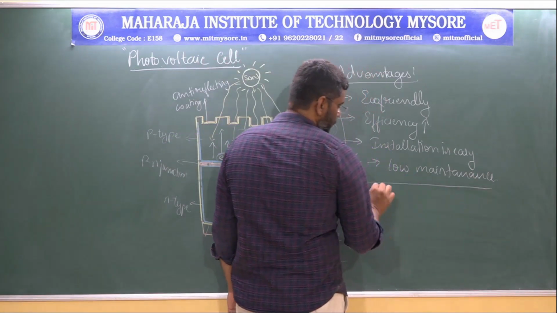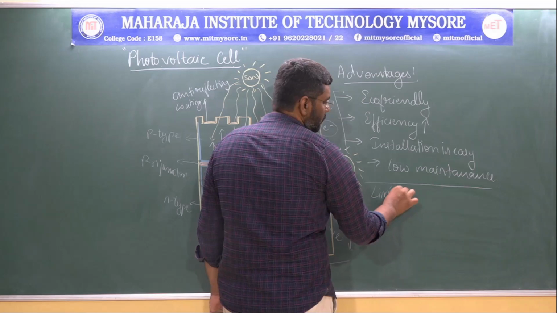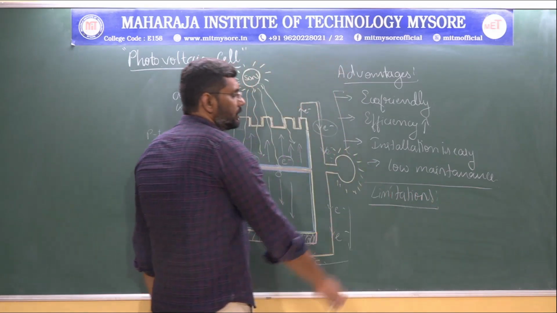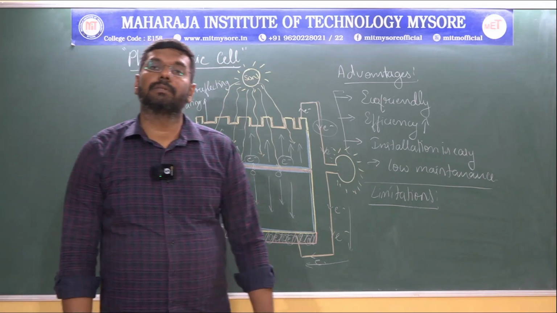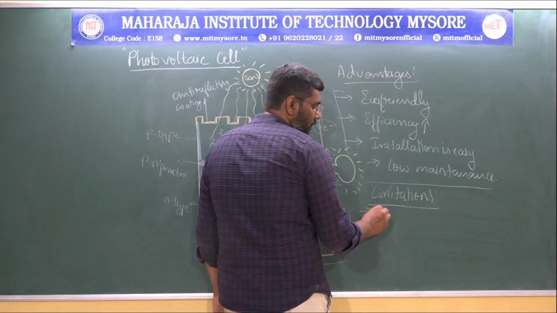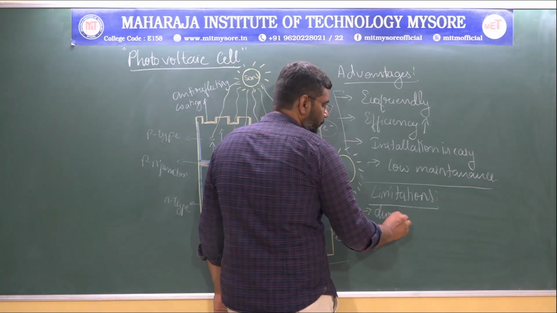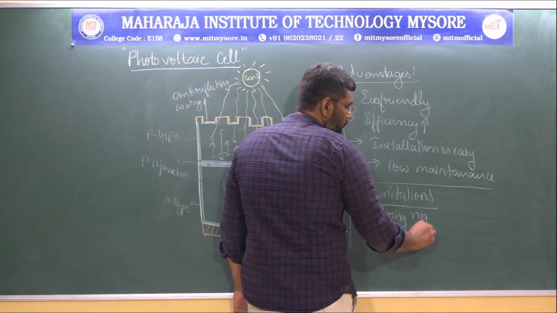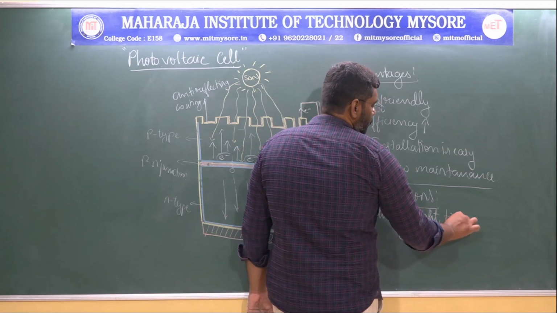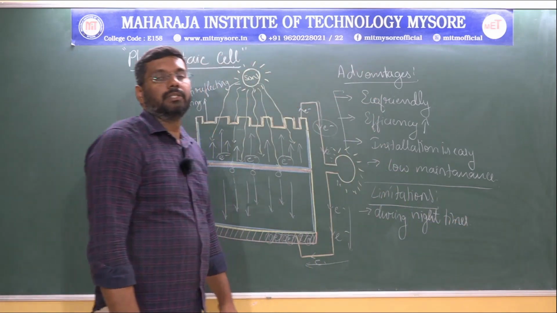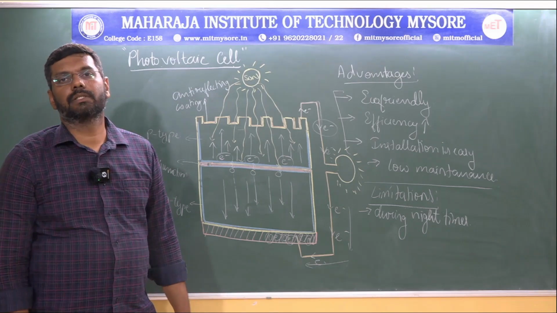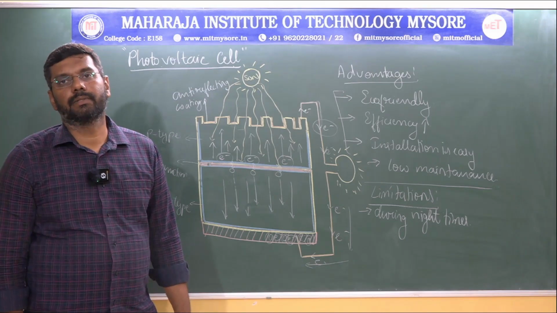Coming to its limitations. What are its limitations? So there are not many disadvantages here, but there are some limitations. See, PV cells don't work during night times because the major driving force is solar radiation. So during night time there is no supply of solar radiation, and hence the PV cells cannot produce electricity.